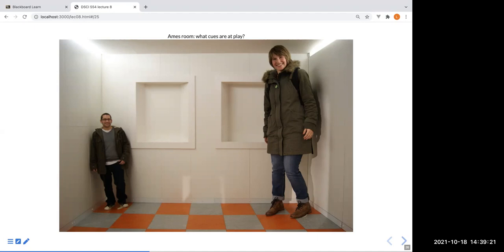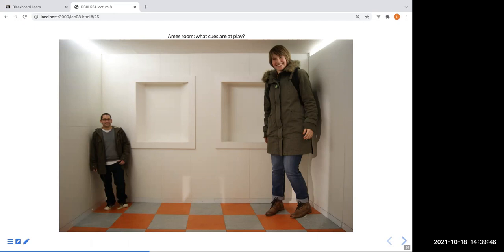You expect that the bigger they are, the closer they are to you. But the room is set up so that you have the impression that they are at the same distance, which is shocking here because we have one person that is half the size of the other one. Obviously, the way it works is that everything is distorted. So this person is actually closer to you, and this one is farther away.